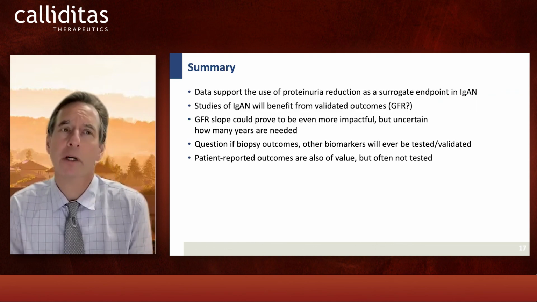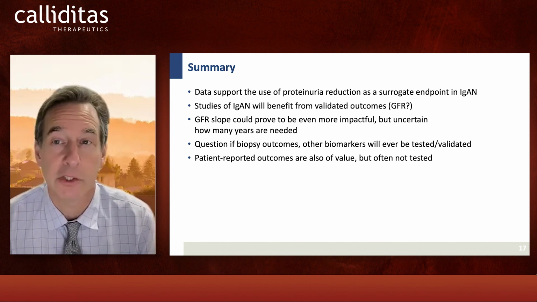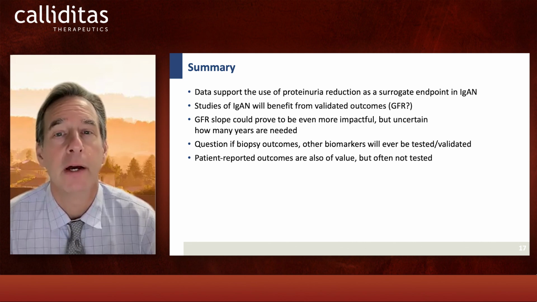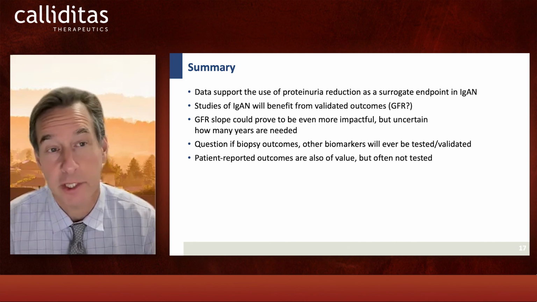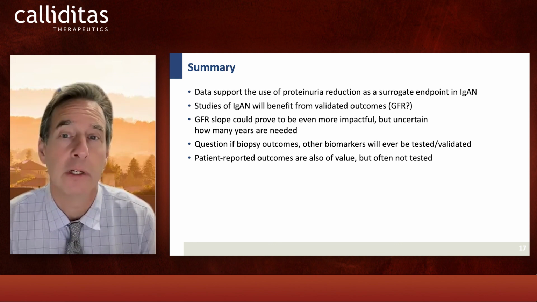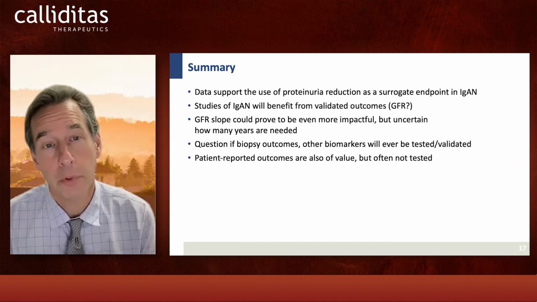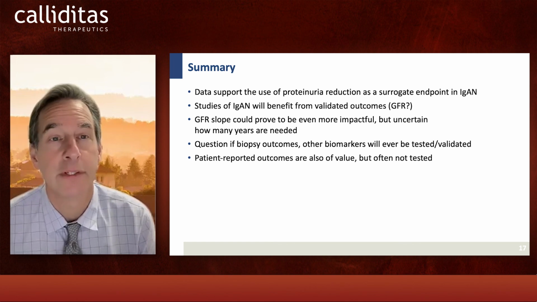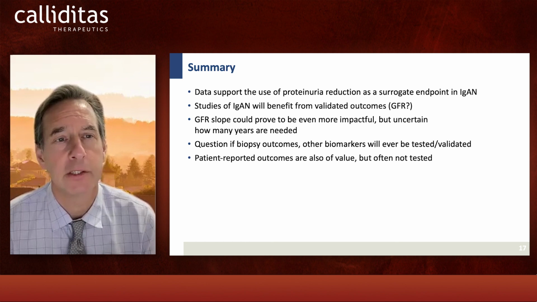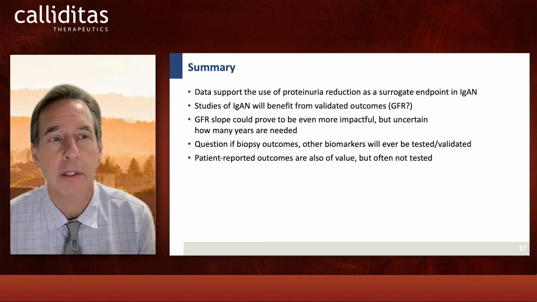So for this talk, I wanted to point out that data certainly support the use of proteinuria reduction as a surrogate endpoint in IgA nephropathy, and that it's really critical that studies of IgA benefit from validated outcomes, ultimately kidney survival, sustenance of GFR, that the GFR slope could prove to be even more impactful than proteinuria reduction in terms of predicting outcomes of interest and maybe saving money and time in studies to really understand what treatments really have legs versus don't.